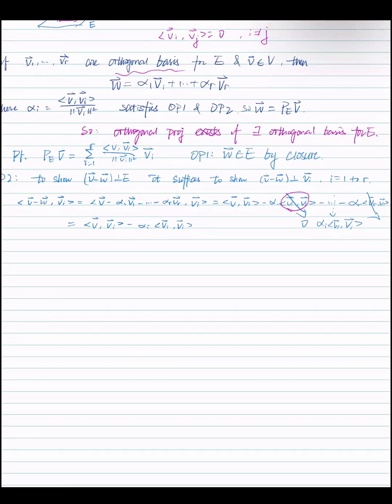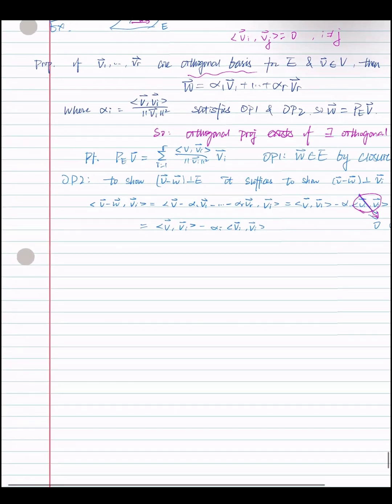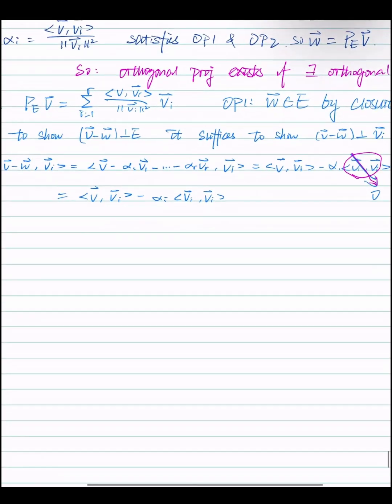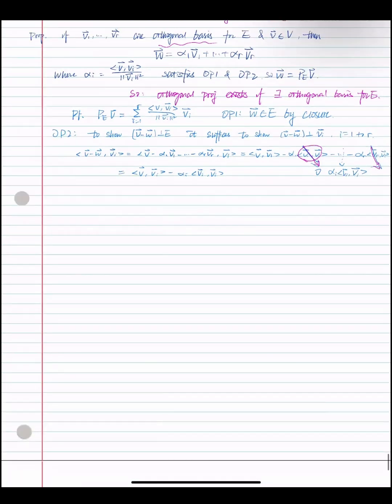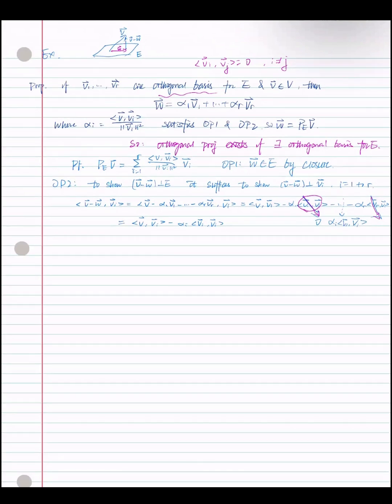Okay, so since all of these are orthogonal, these are just 0, and subtracting 0, we are just not writing them. What we have here is an alpha multiplied by an inner product, and we know what alpha can be equal to.